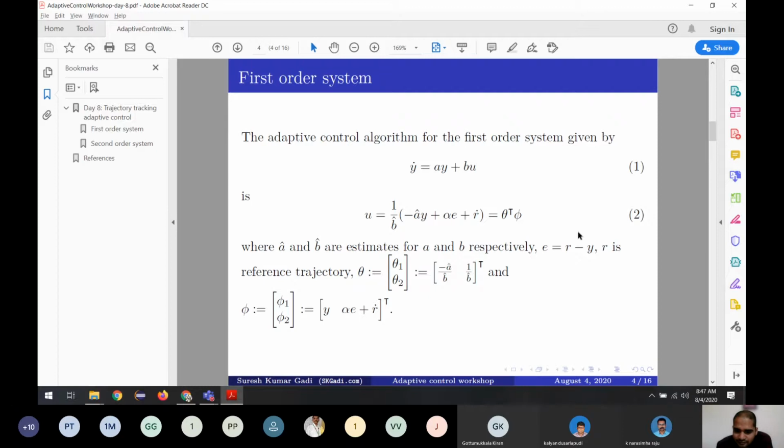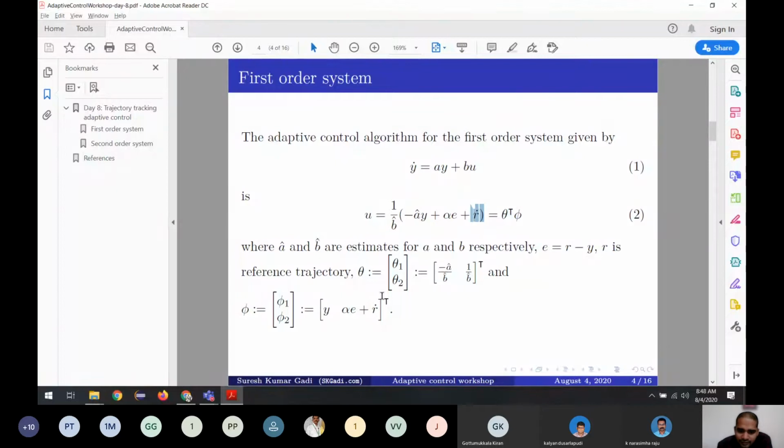Okay. So writing it in matricial form, we can write theta transpose times phi. So what is theta? The theta is minus a cap divided by b cap, and 1 divided by b cap, and this part. And what is phi?